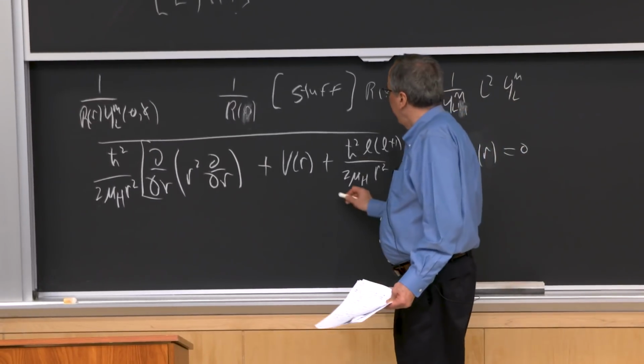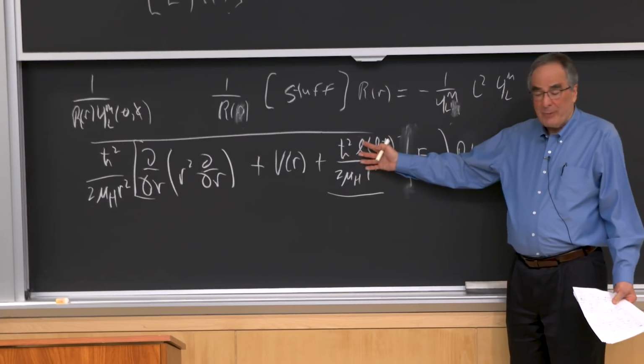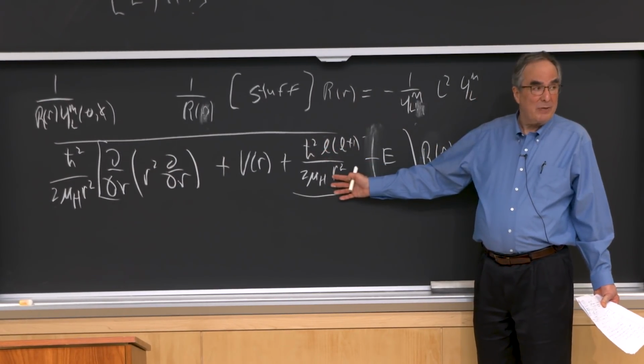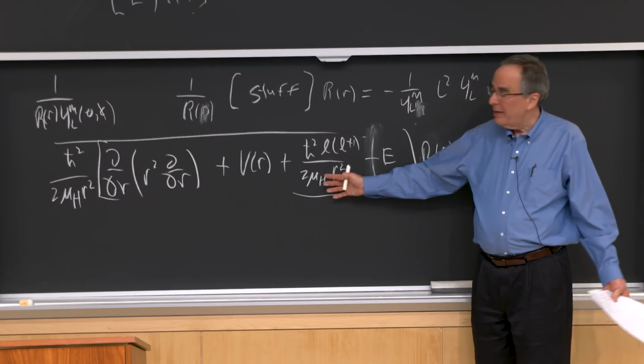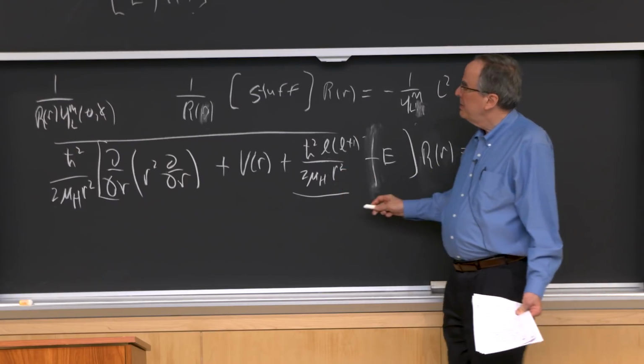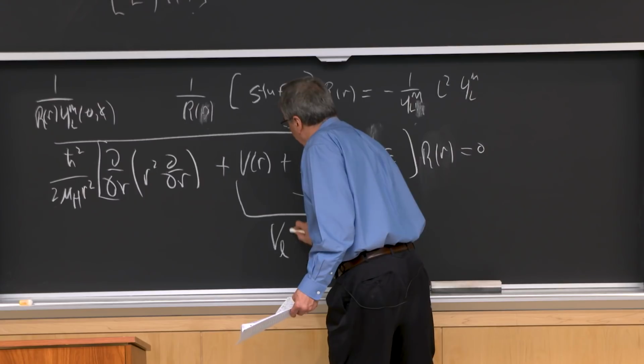The important trick is that we've taken the separation constant, and it has an R dependence when we divide through by 2 mu R squared, and we say, oh, well, let's call these two things together V_L of r.